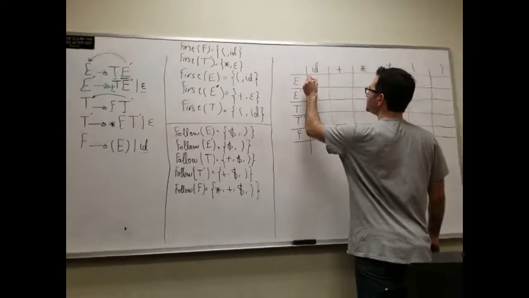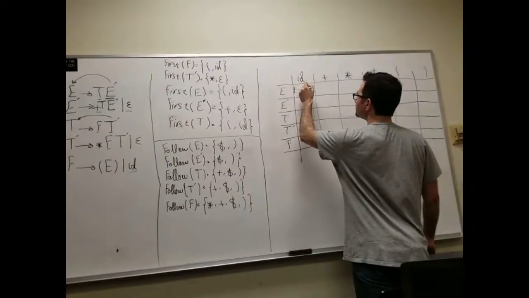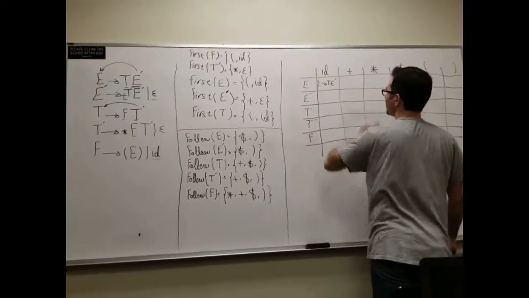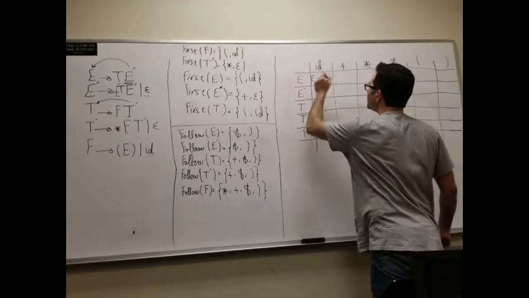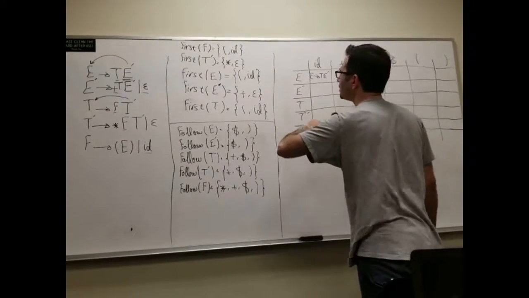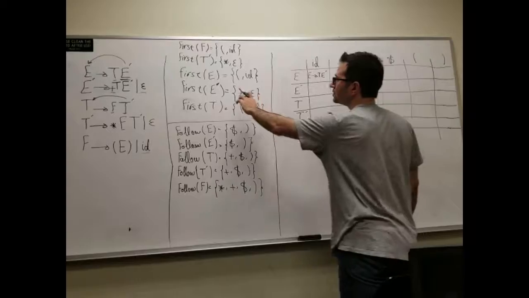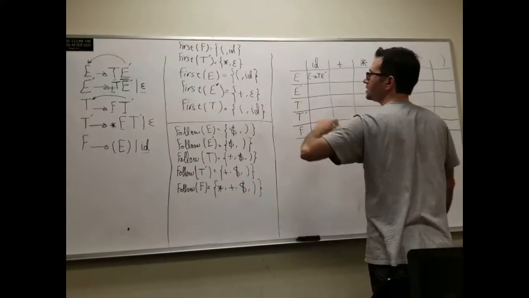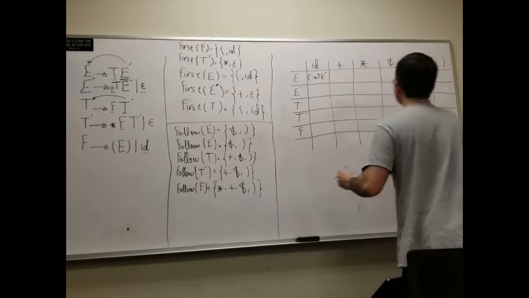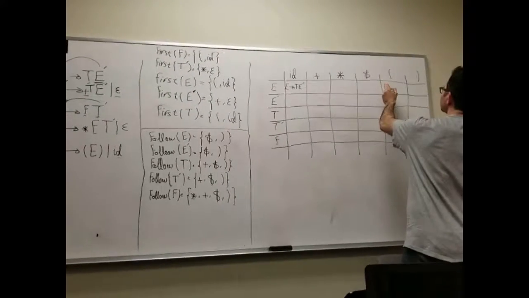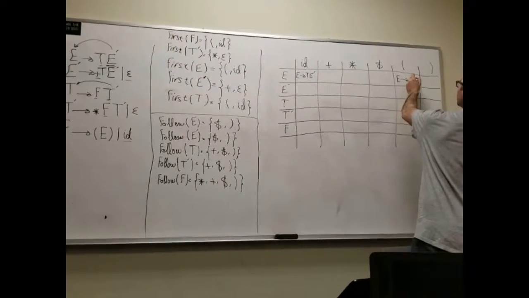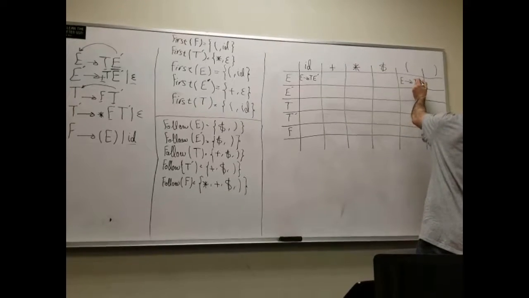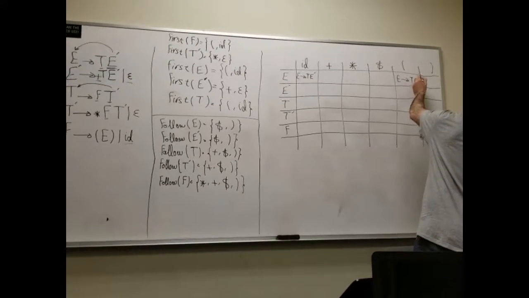So we can say E goes to T E prime. What else do we have in E? We have left parenthesis, so we can use the same rule for this one also. So E goes to T E prime.